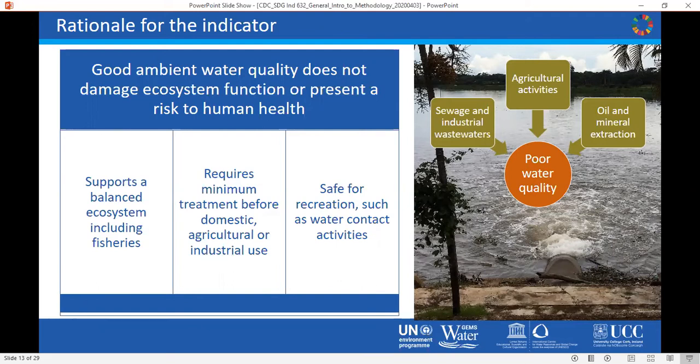But as we know, many activities can lead to unsatisfactory water quality, such as discharges of untreated wastewaters from domestic, urban and industrial situations, use of fertilizer and pesticides in agriculture, and the extraction of minerals and oil resources. These can all impact the quality of our water. And being able to classify water quality as good or not good requires a water quality monitoring program that generates credible data.